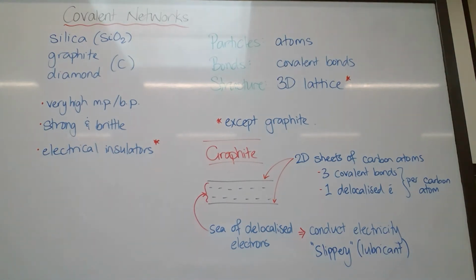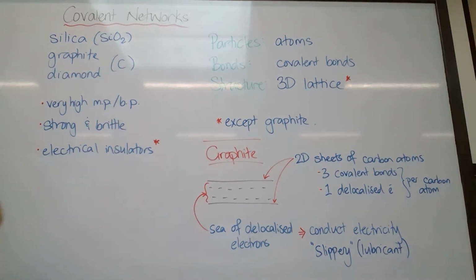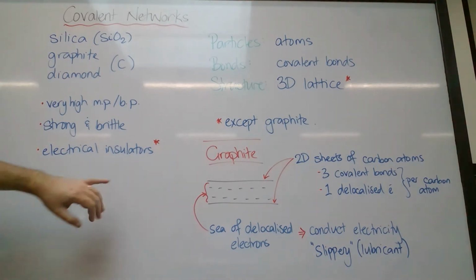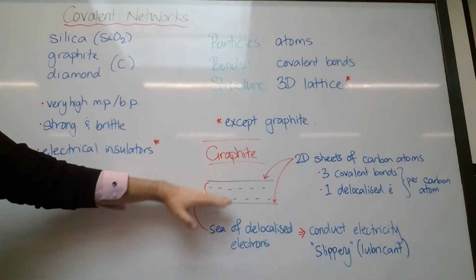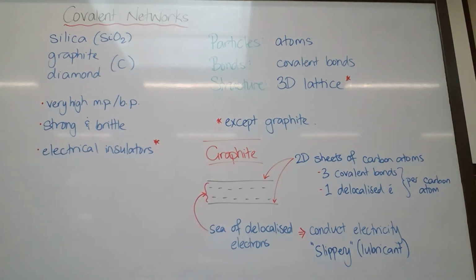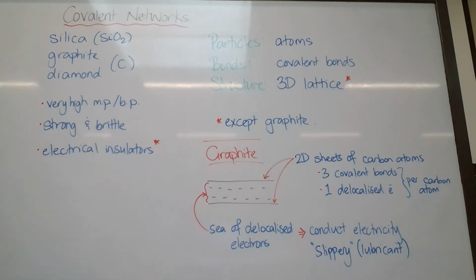Those delocalized electrons give graphite some really unique properties. It's really hard to break the sheet because it's got covalent bonds and they're strong. They're not as strong as ionic, but they're pretty darn strong. So it's hard to break a sheet open. But because there's something that can conduct electricity between each sheet, delocalized electrons, delocalized means they don't belong to any atom.